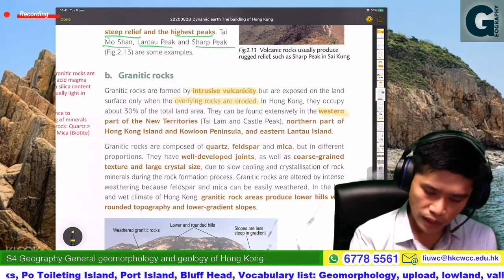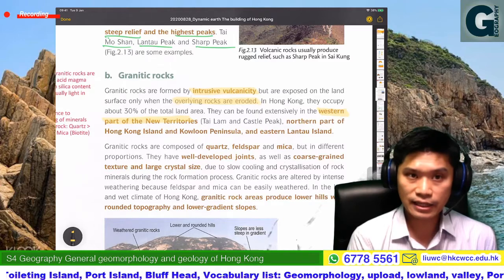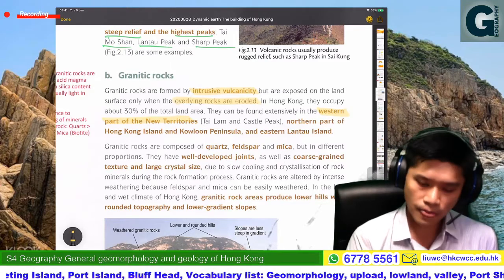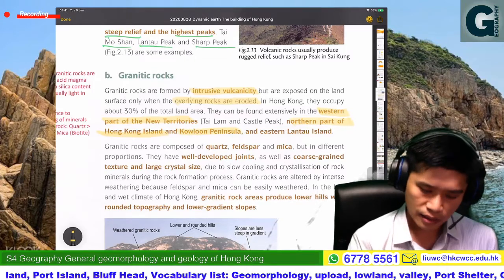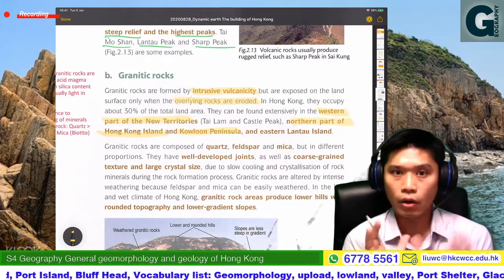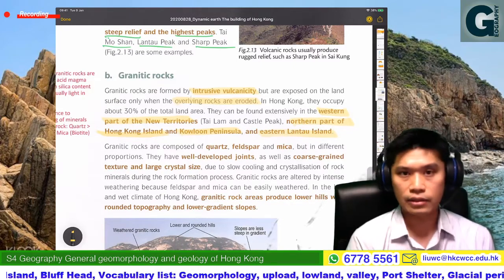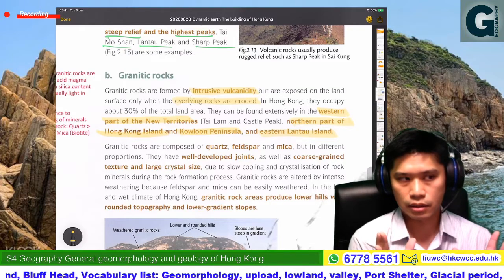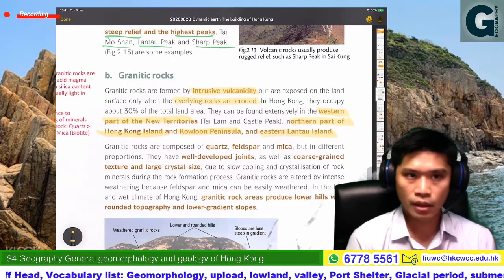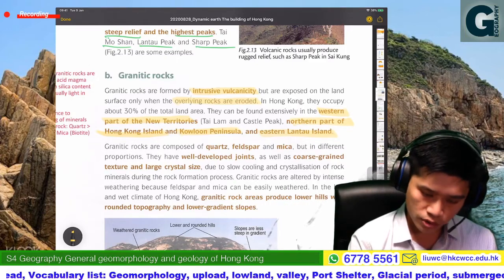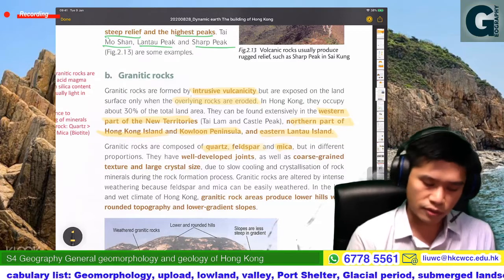The western part of the New Territories, Tai Lam or Castle Peak，青山一帶啦，或者係大欖一帶啦。Northern part of Hong Kong Island and Kowloon Peninsula，頭先講過啦，維港嗰個有地方啦。And eastern Lantau Island，大嶼山嘅東邊啦，即係迪士尼嗰度啦。Okay, granitic rock are composed of quartz, feldspar, and mica.